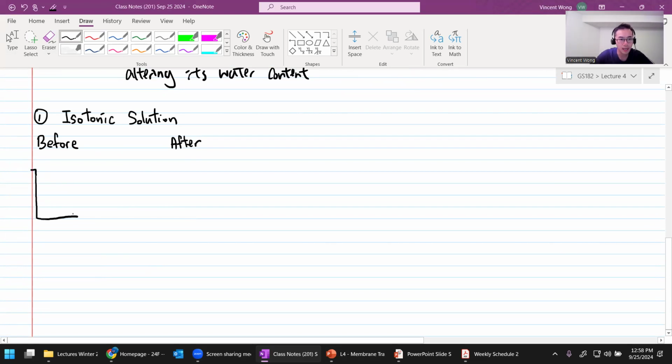So here we have a beaker. A beaker is just like a glass container, okay? And we're going to put a cell in it, an animal cell. Obviously, the cell is not that big. If you actually put a cell in a beaker of water, you won't be able to see the cell. So that is an animal cell.